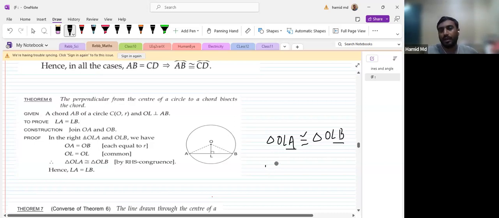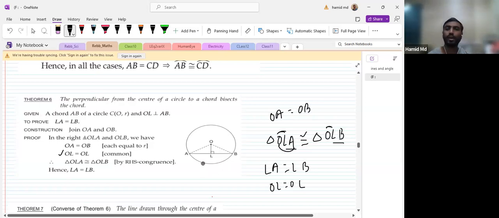If you write OL, OLA and OLB, you will see this is OL, OL, so OL is equal to OL. This is already over here. And OA is equal to OB.